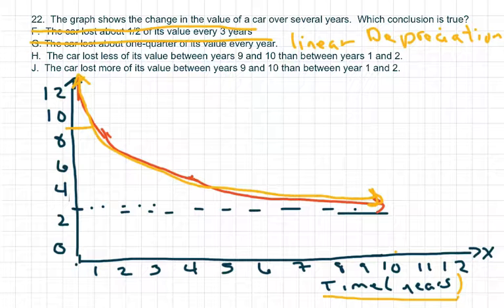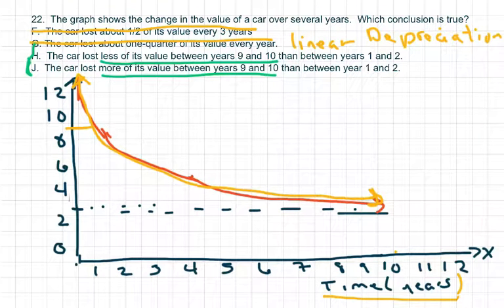So the last two we have, it's about the same. So it lost less in its value between years 9 and 10, or more of its value between 9 and 10. So actually between years 9 and 10, I did a little asymptote thing here. So 9 and 10 is here.